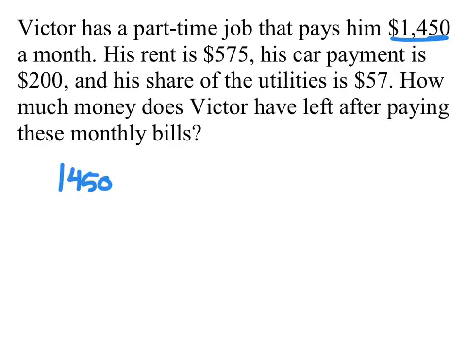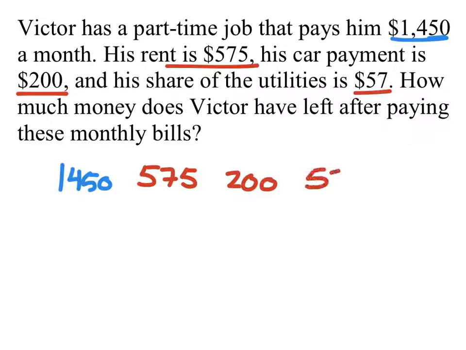But then as expenses, he's got his rent at $575, and also his car payment of $200, and the utilities of $57. Now, what you could do is you could just subtract these straight across, and then you've got an order of operations problem, which is okay.